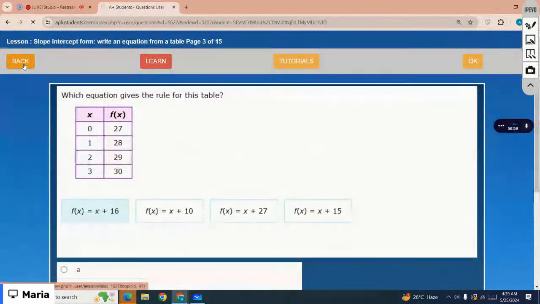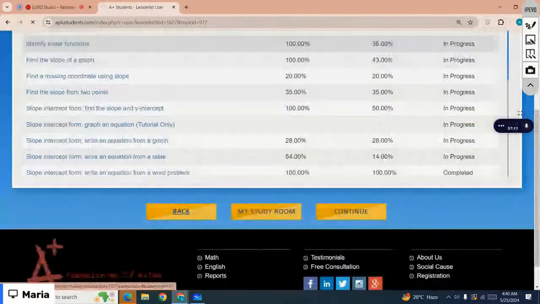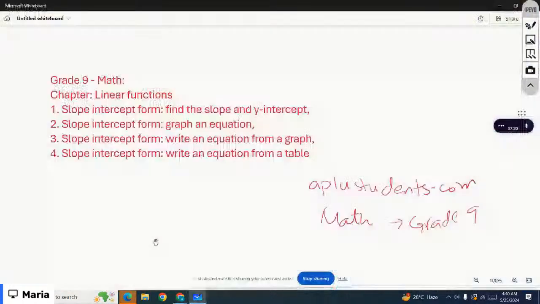So we were working on grade 9 math. The chapter we were working on is slope intercept form: find the slope and y-intercept, write an equation, write an equation from a graph, and write an equation from a table.